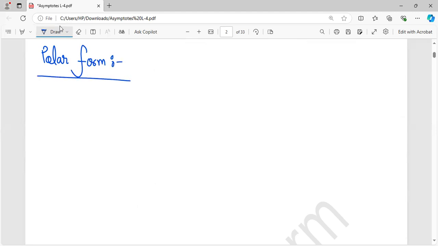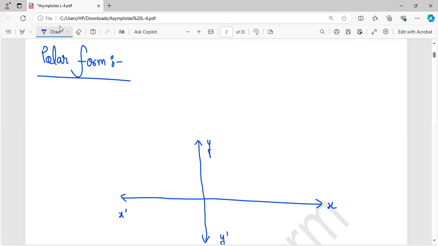So we know that this is x direction, y direction and y dash direction.